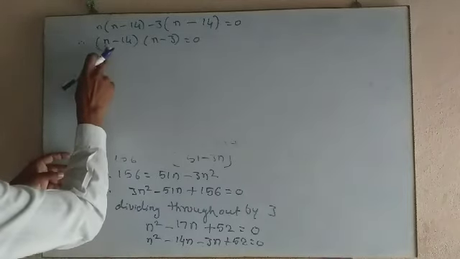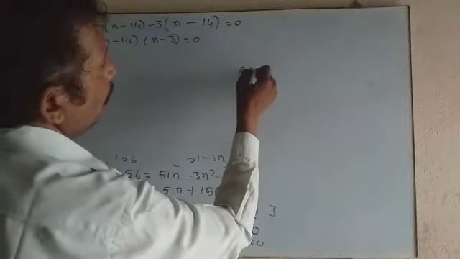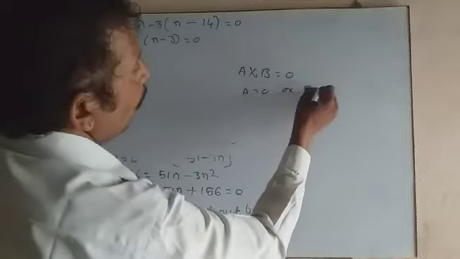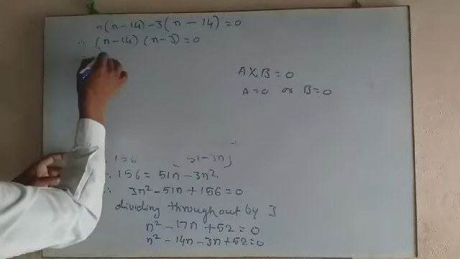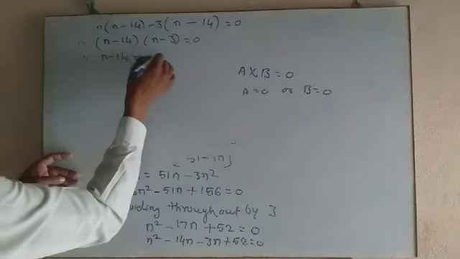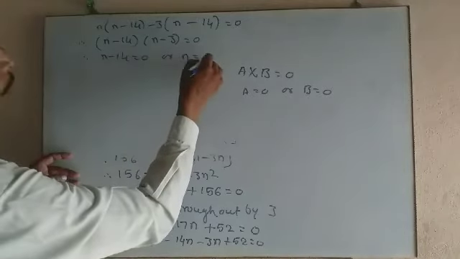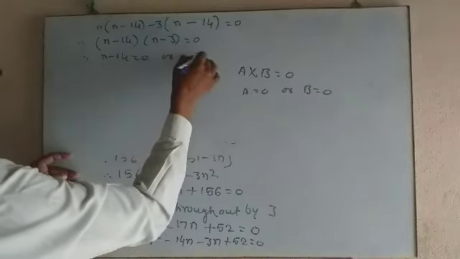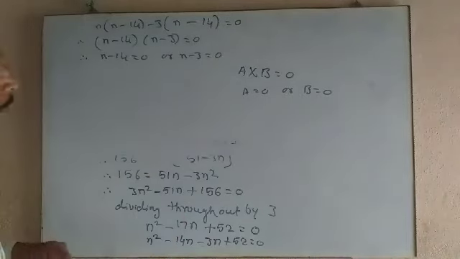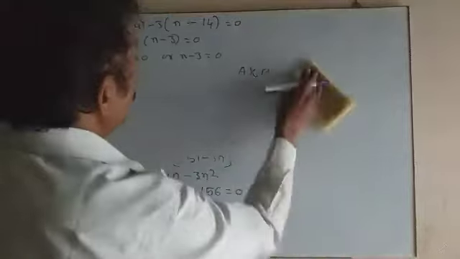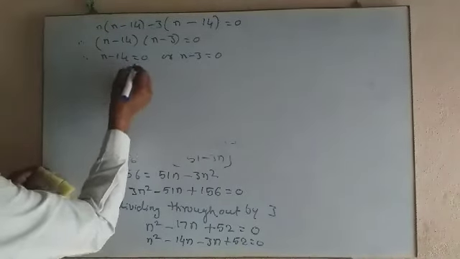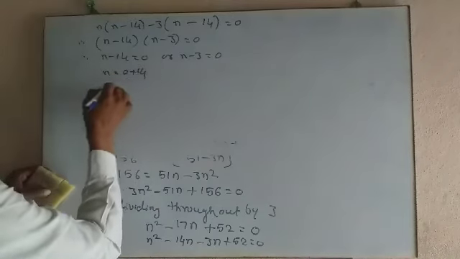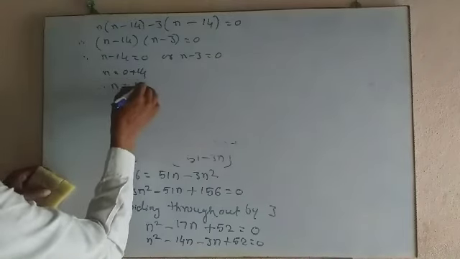Therefore when a into b is equal to 0, a is equal to 0 or b is equal to 0. Therefore n minus 14 is equal to 0 or n minus 3 is equal to 0. When n minus 14 is equal to 0, n is equal to 0 plus 14. Therefore the value of n is equal to 14.